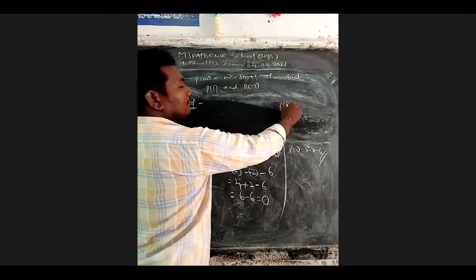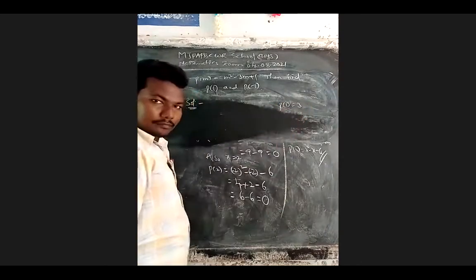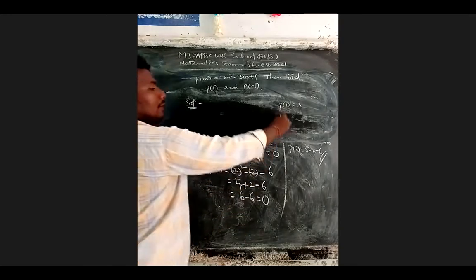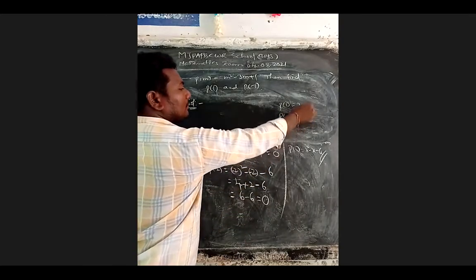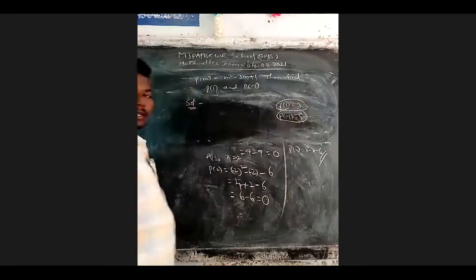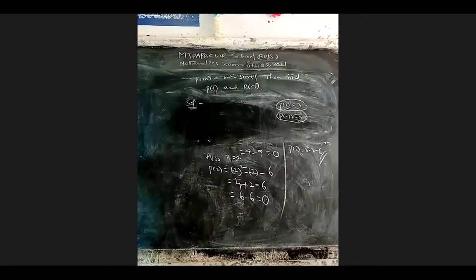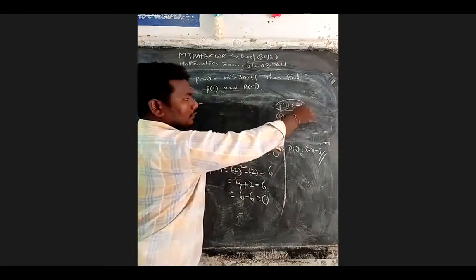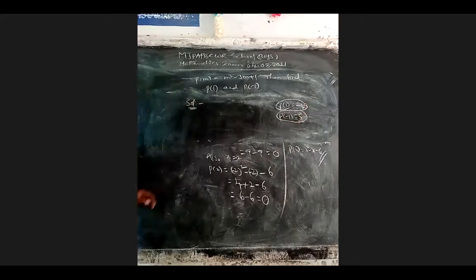Okay. Sir, P of 1 is minus 1, P of minus 1 is 5 sir. Yes sir. So P of 1 is minus 1. Minus 1 came, and 3 came.